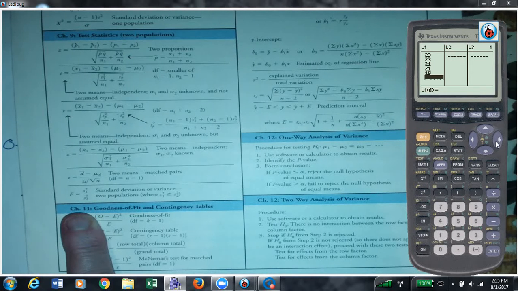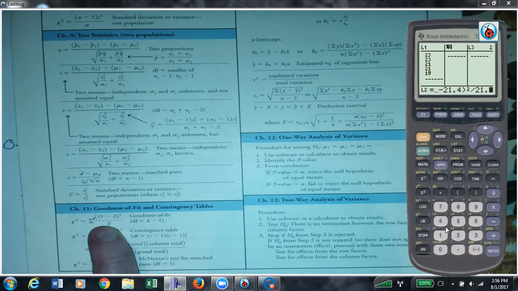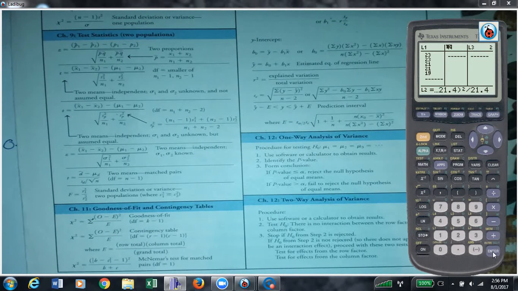So I'm going to go up to list 2, and define list 2 to be each thing in list 1, minus the expected value, 21.4, close parentheses, squared, divided by the expected value. And as soon as I press enter, it will generate each one of those for list 2.